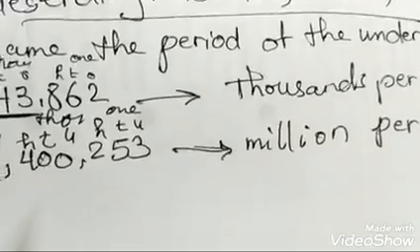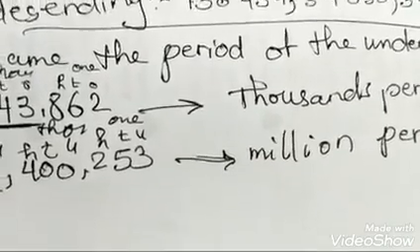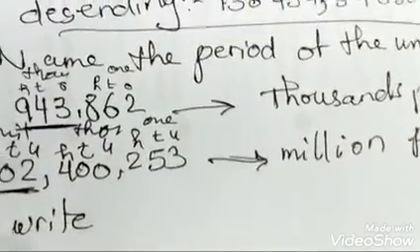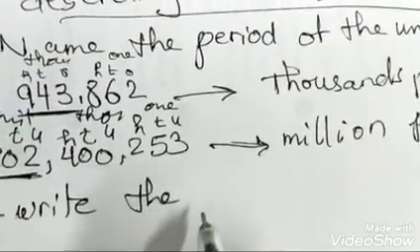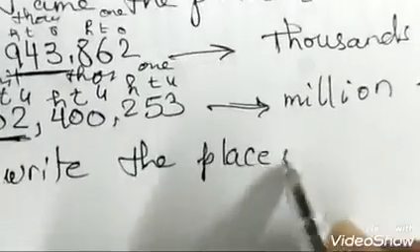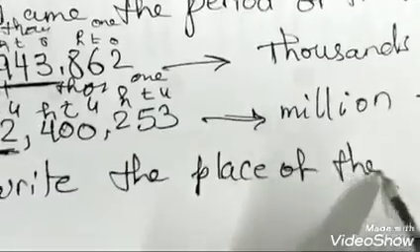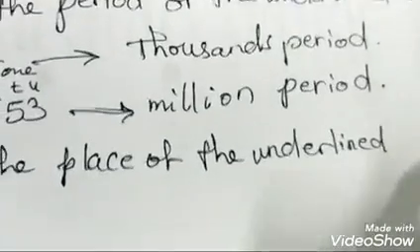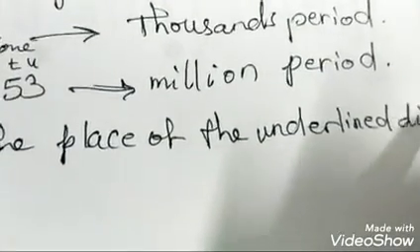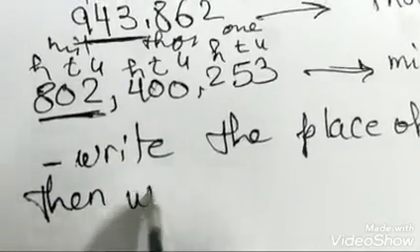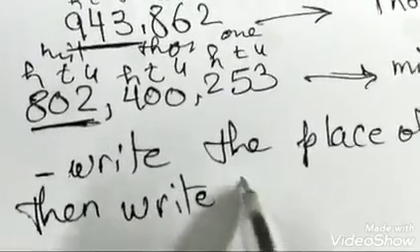The other example is to write the place of the underlined digit, then write its value.